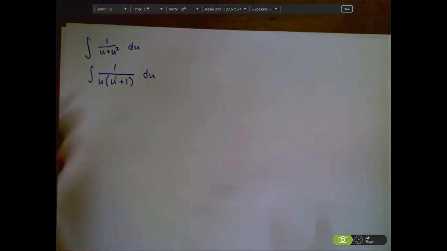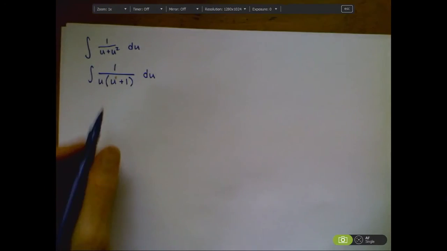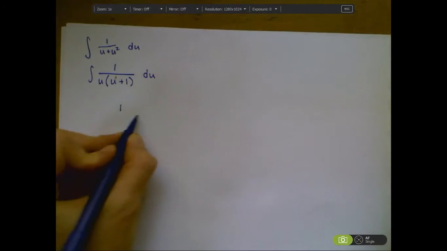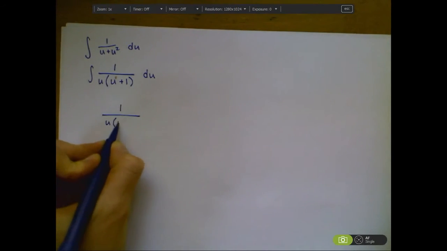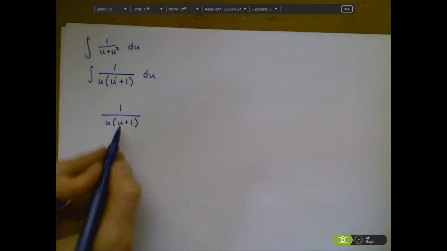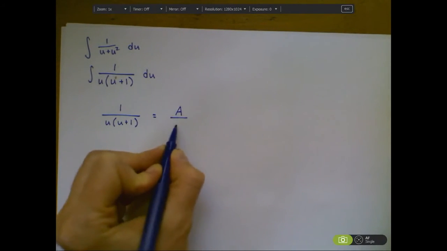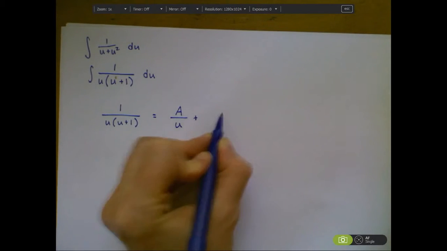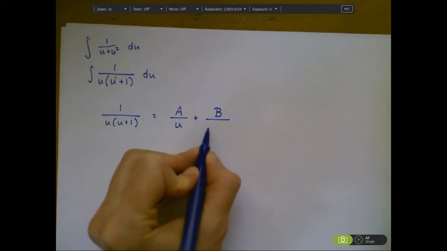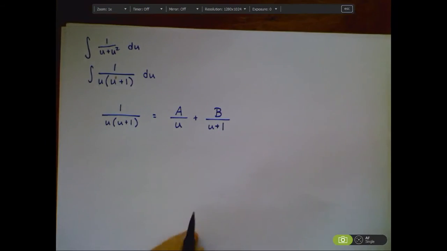And I'm going to have to rewrite this in terms of fractions. So 1 divided by u plus 1 times u is going to have to be equal to a over u plus b over u plus 1.